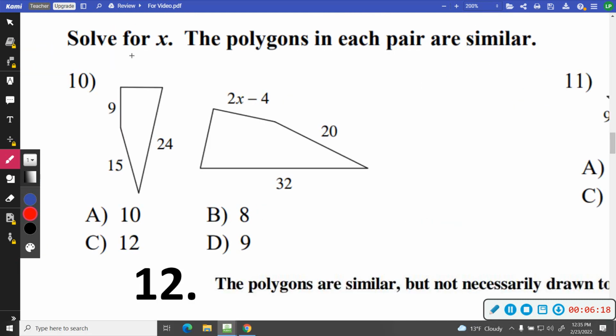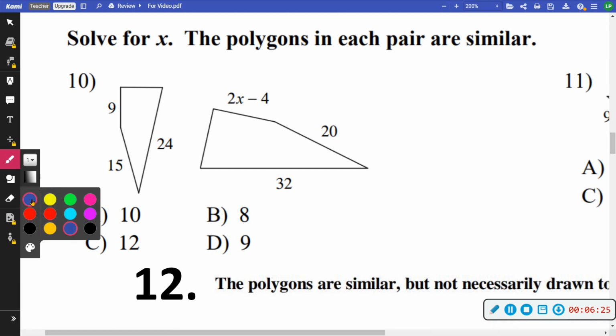Solve for x. The polygons in each pair are similar. So they want me to solve for x. So let's see. Where is x? X is right here. And that would correspond with, let's see, that's the shortest side of the 4 sides.